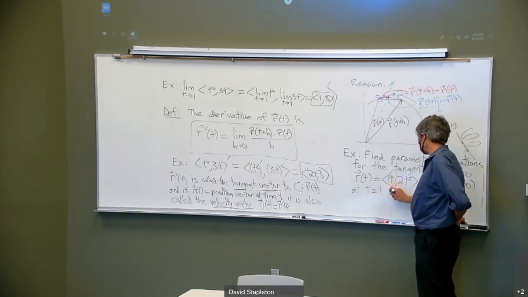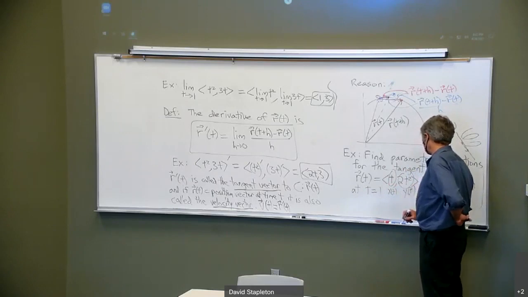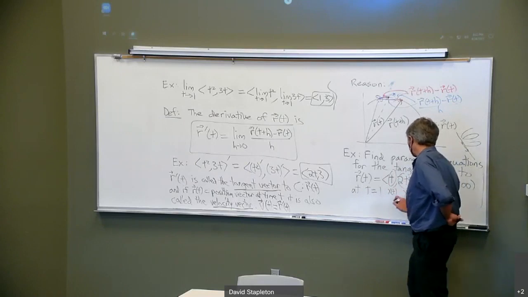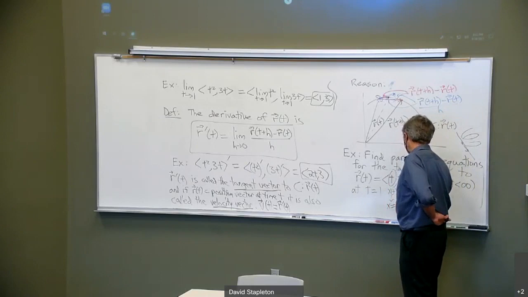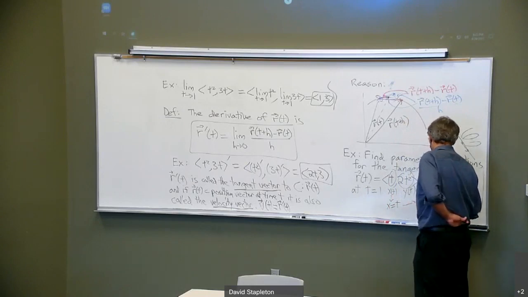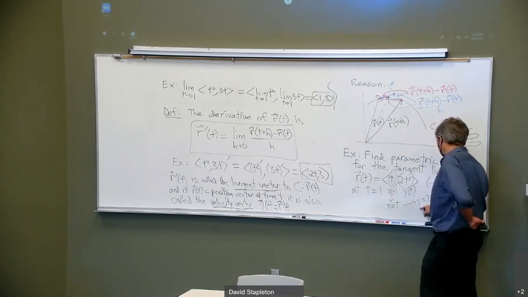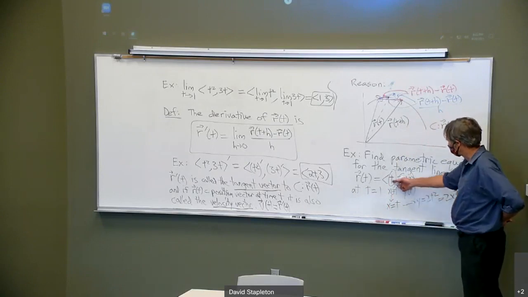So if this is x of t is t, and this is y of t, sweeping out the position at any time t, then I know exactly how to solve for x of t. x is equal to t, right? So from this one, I get x equals t, means t equals x, and I can just plug that into the other equation, and I get y. y as a function of t is 2t squared, put in t equals x is 2x squared. So this is just the parabola y equals 2x squared that I'm sweeping out with this, right?